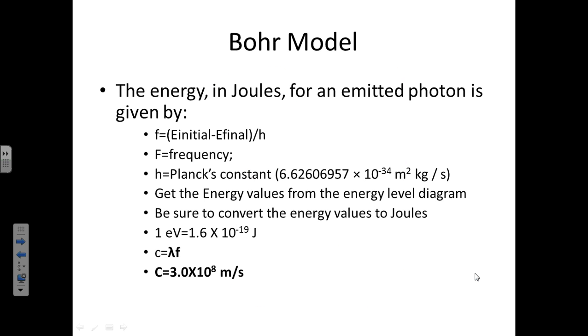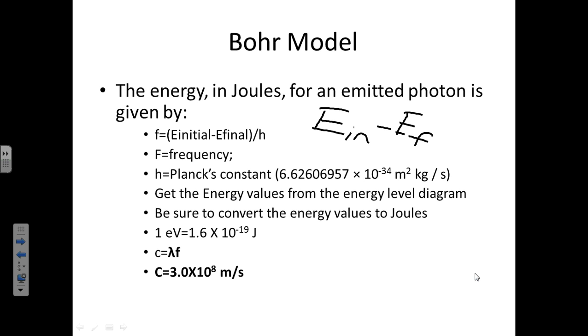All right, now let's get to a little math. This is where it's going to be some math you may not have seen before. Like I said before, the energy for an emitted photon is given by this equation. Actually, the energy given off for the photon is the energy initial minus the energy final.